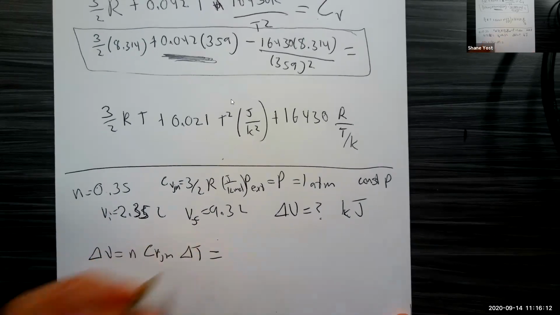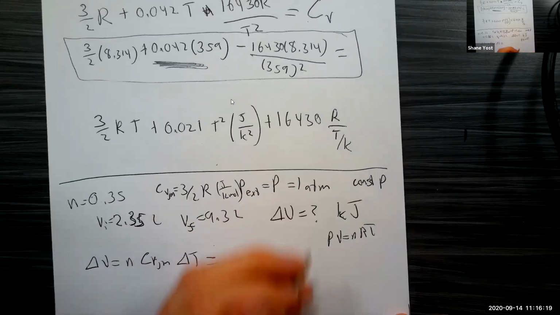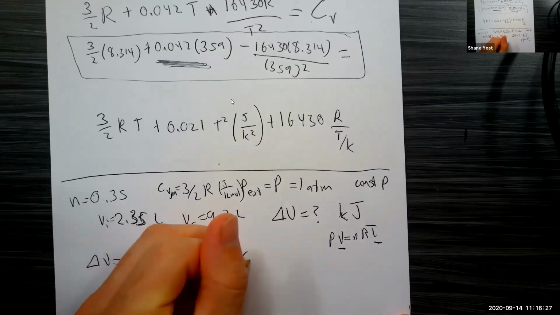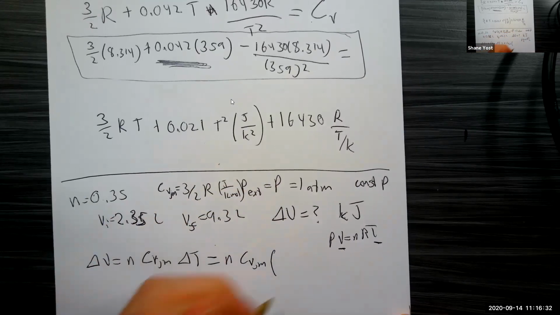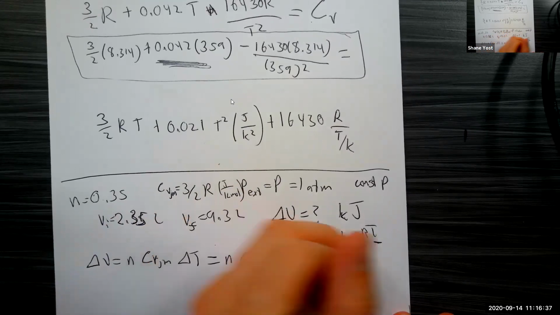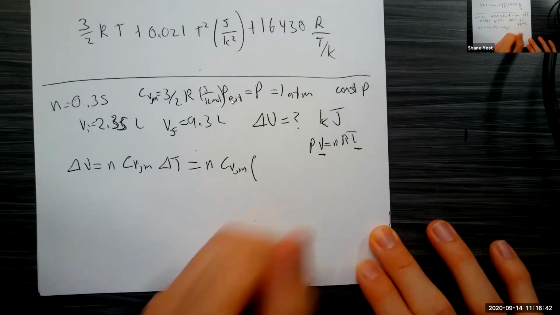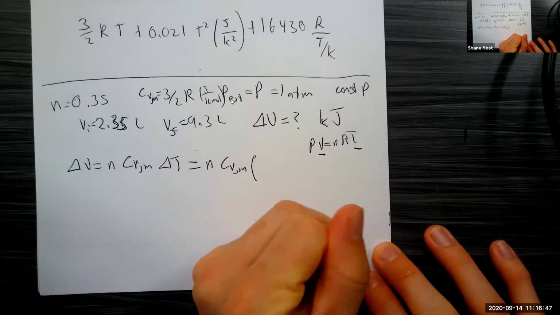Now you can do this by calculating the initial and final temperatures, but we can use the ideal gas law, PV equals nRT. Temperature is changing, and the only other thing that's changing is the volume. So n C_V,m times the change in temperature, T final minus T initial. If I rewrite my ideal gas law, I can get temperature as PV over nR.